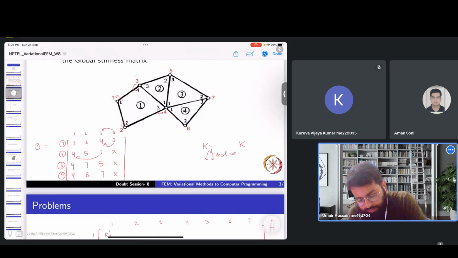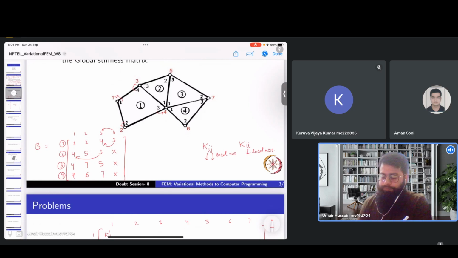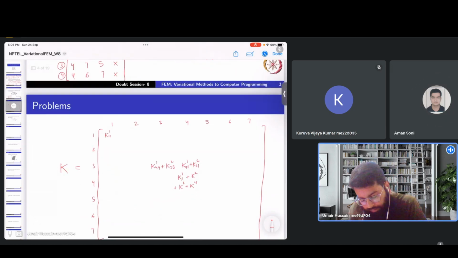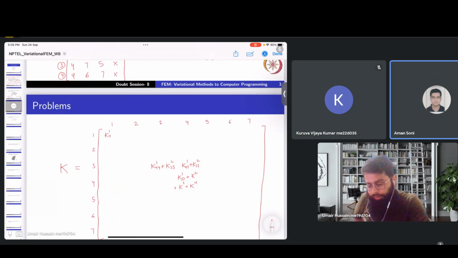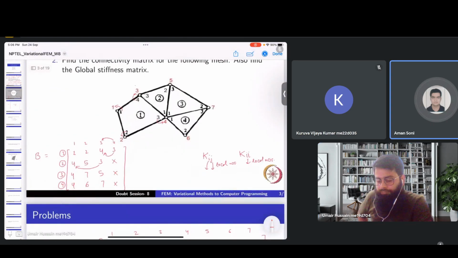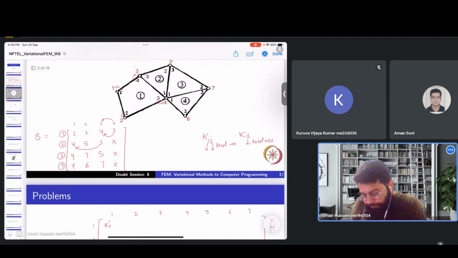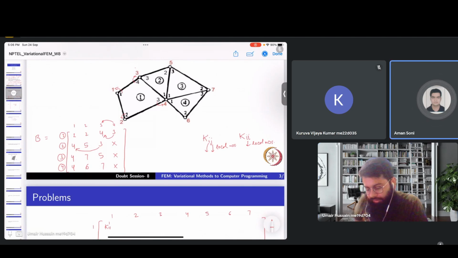And if it's just the ii position, like we have 4 4, we just transfer that. Both should be the same after transferring local numbers. So we just need to see, for element 1, what is the local numbering for the global node 4? It is 3, so it should be 3 3, right? For K2, it should be K11. Also K11 for element 4.